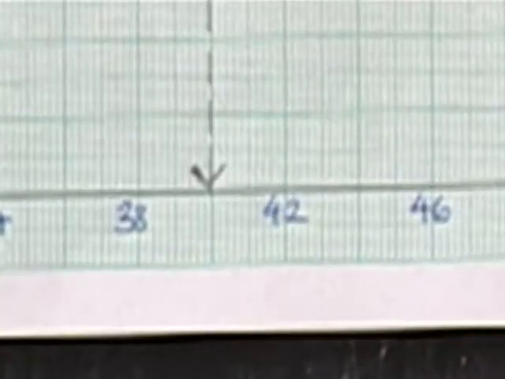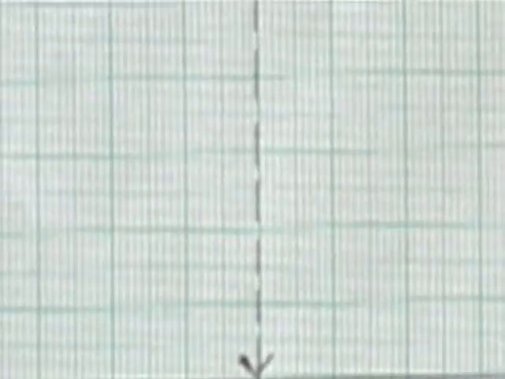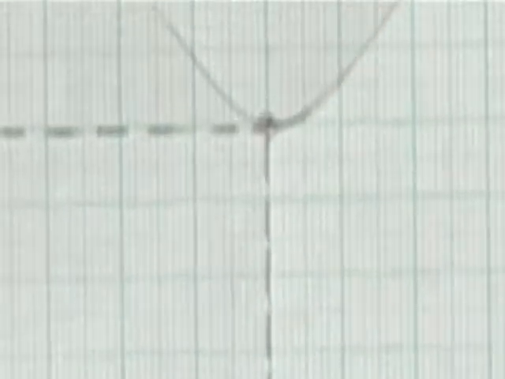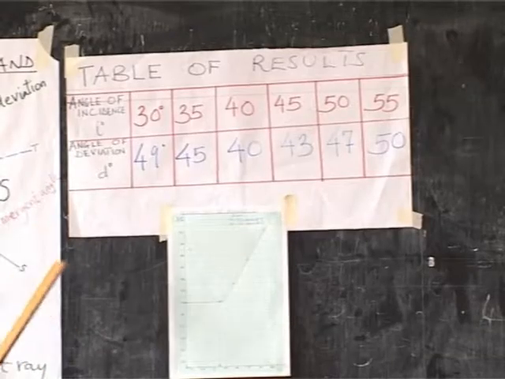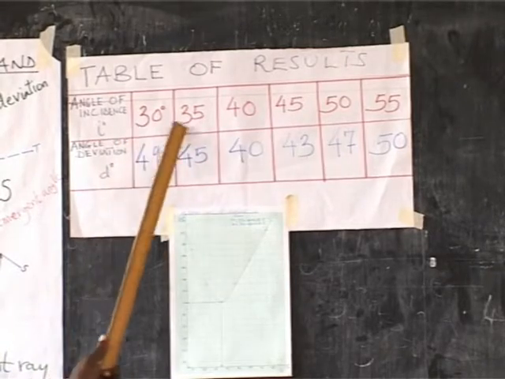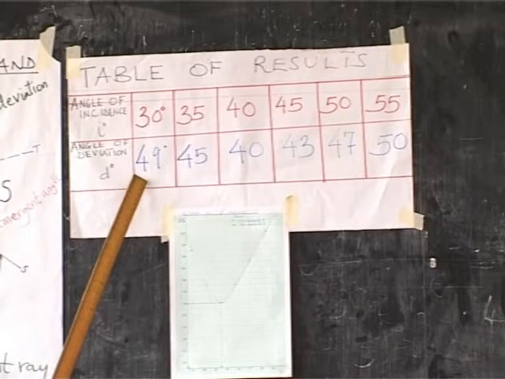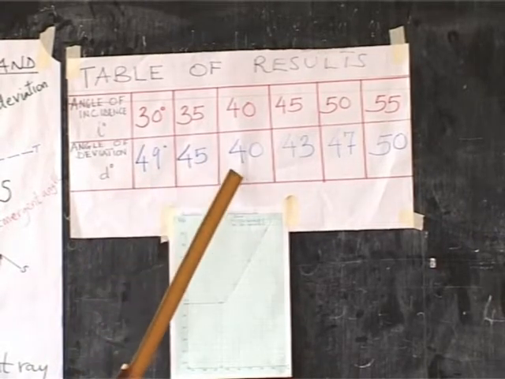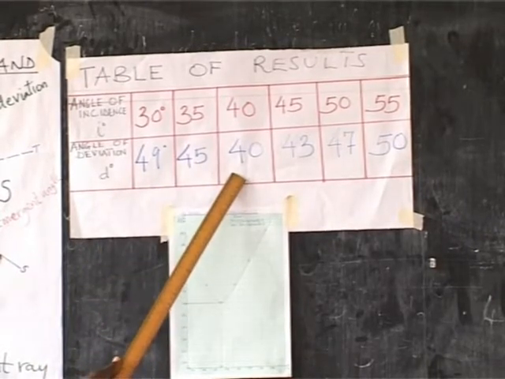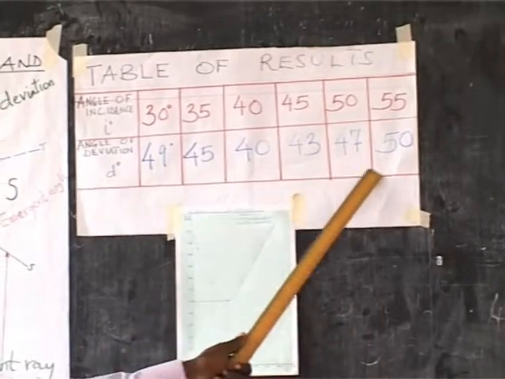Now we can see that the minimum angle of deviation in our experiment is found to be 40 degrees. As the angle of incidence increases from 30 to 55, the angle of deviation decreases from 49 down to 40, which is the minimum deviation, and it starts to increase again.